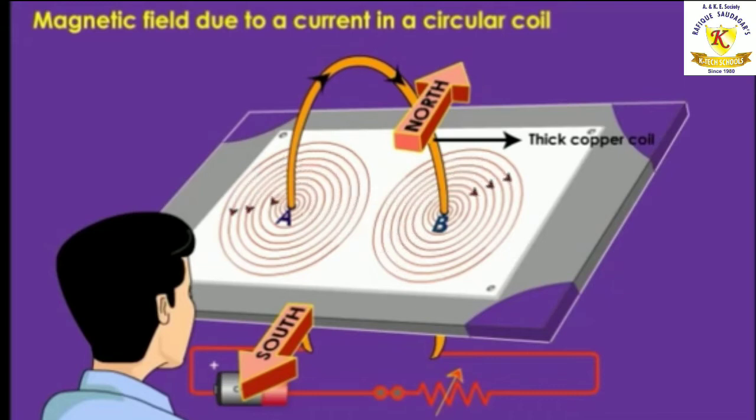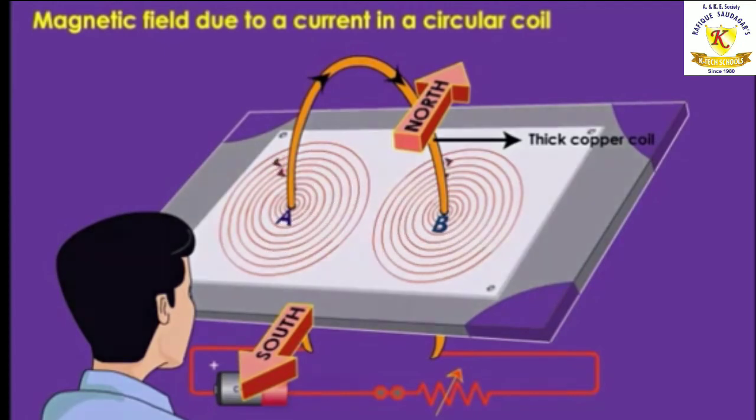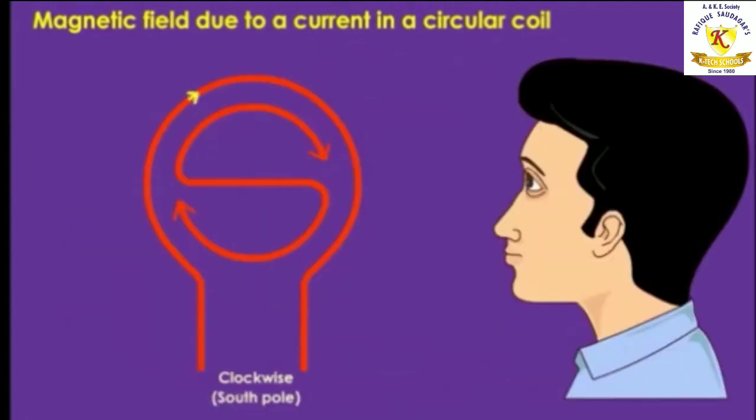Now, relate the above observation to the flow of current in the coil, and then we can say that if the current flows in the coil in the clockwise direction facing the experimenter, then that face of coil will act as south pole.